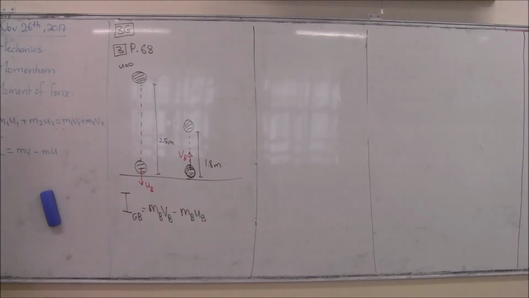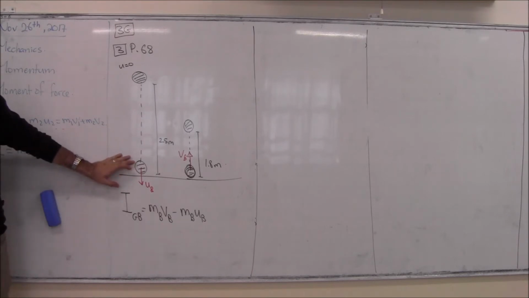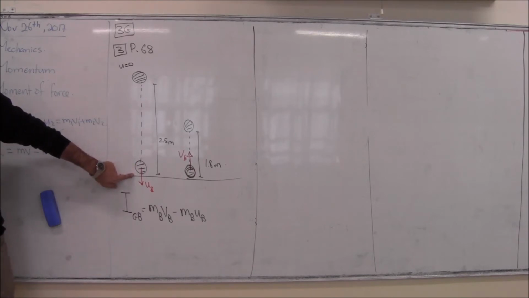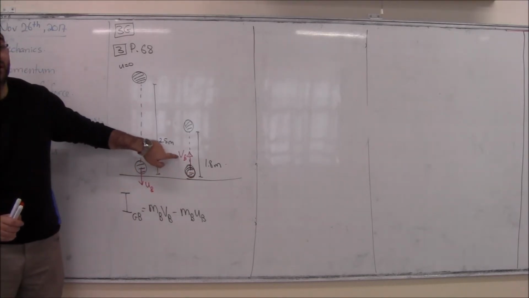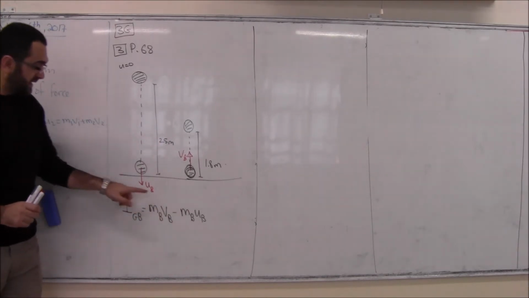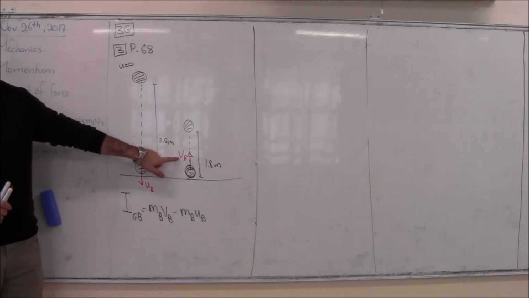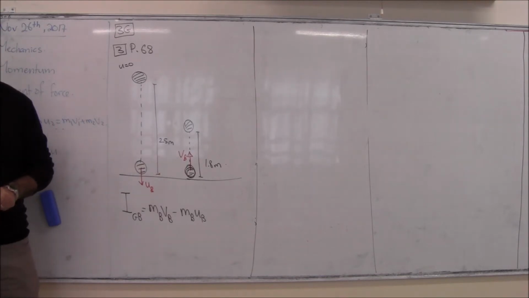In momentum, it's an important point: U is the speed immediately before the collision, and V is the speed immediately after. In order to find the impulse, I have to find U and V. Clear? Any question about this?